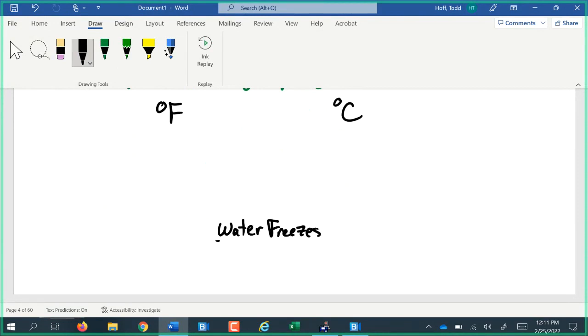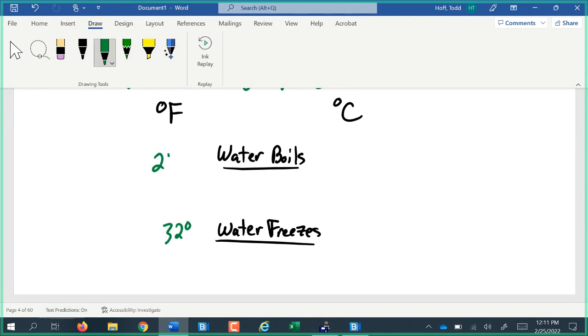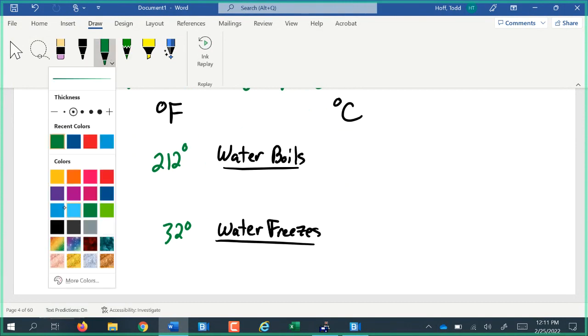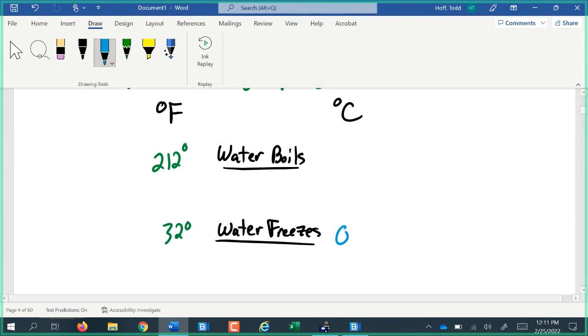Or if we go in the other direction, the temperature at which water thaws, and the temperature at which water boils. In degrees Fahrenheit, water freezes at 32 degrees Fahrenheit and boils at 212 degrees Fahrenheit. In degrees Celsius, water freezes at 0 degrees and boils at 100 degrees.